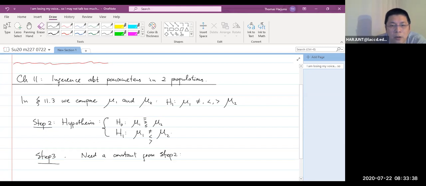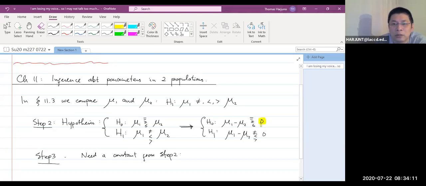For that constant to happen, we need to modify our step 2. Imagine if you subtract both sides by mu2 in the first part. So now your constant will be 0.